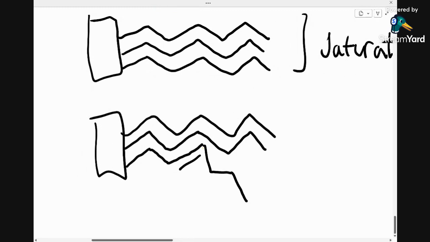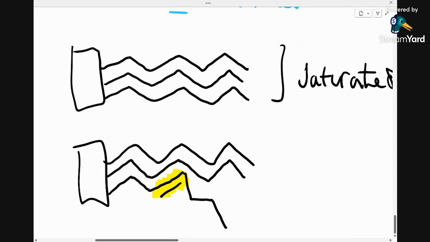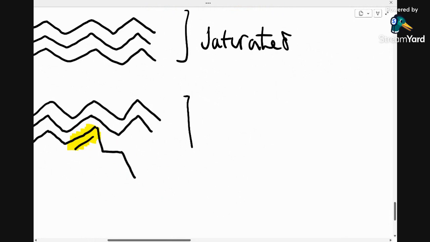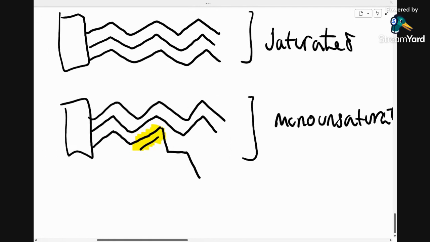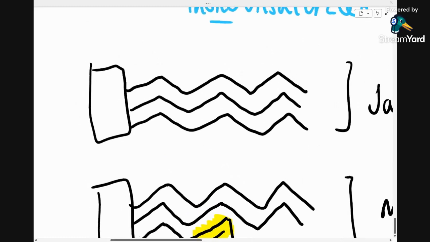I'm trying to show that here like that. It causes a kink in the chain. So this guy down here is monounsaturated, specifically the third fatty acid tail here. And the importance is as follows.